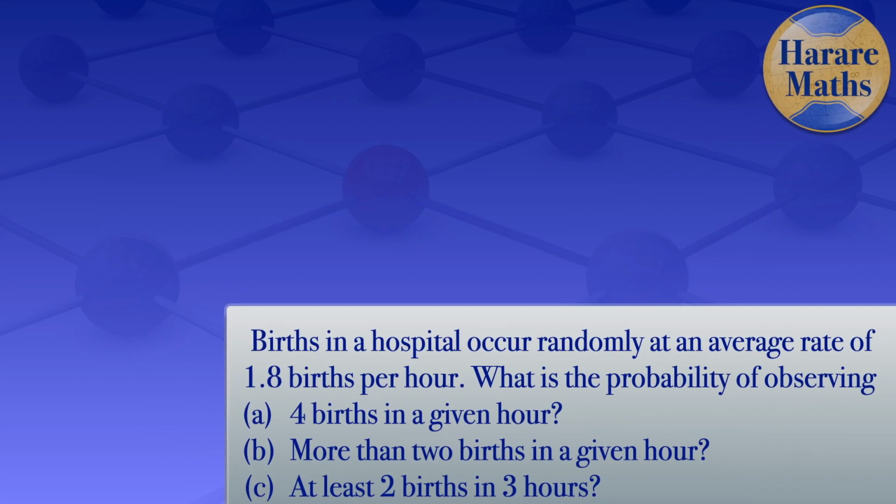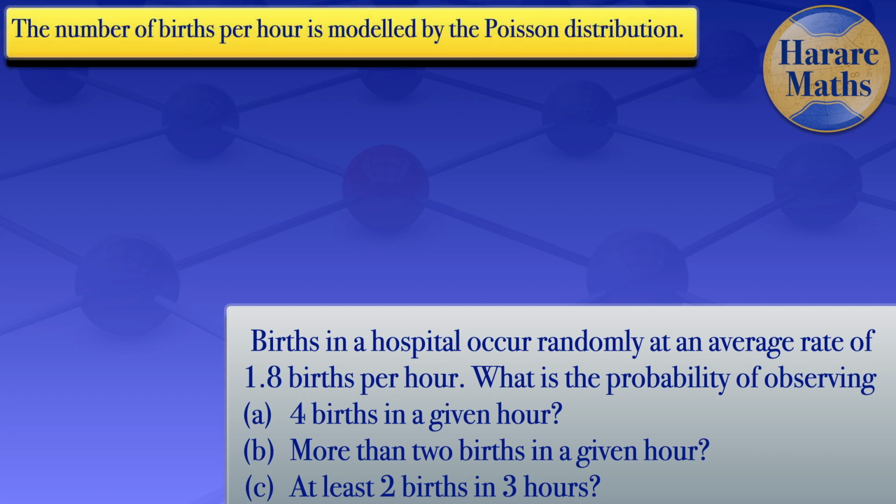The probability of an event happening a certain number of times within a given interval of time is modeled by the Poisson distribution. So in this case, we are looking at the number of beds per hour, which is modeled by the Poisson distribution.